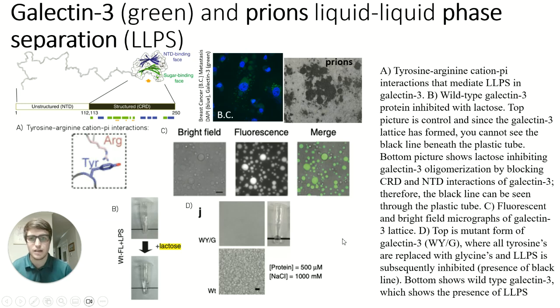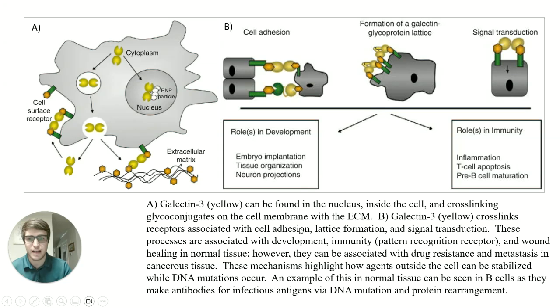So why would cells use this function for normal physiological mechanisms? Well, because you have things like cell adhesion and signal transduction of multiple receptors needed for immunity and development that need to occur and can utilize the dynamic aggregation of this liquid-liquid phase separation of these intrinsically disordered proteins.